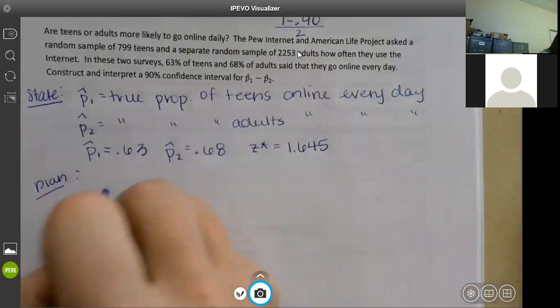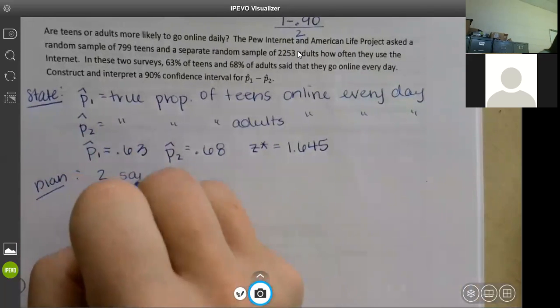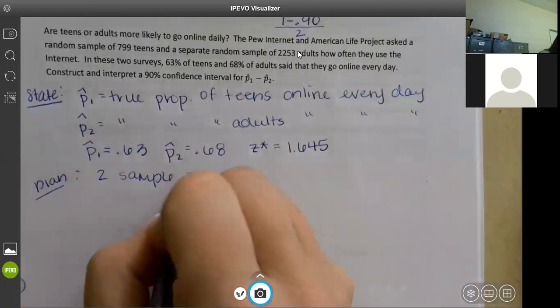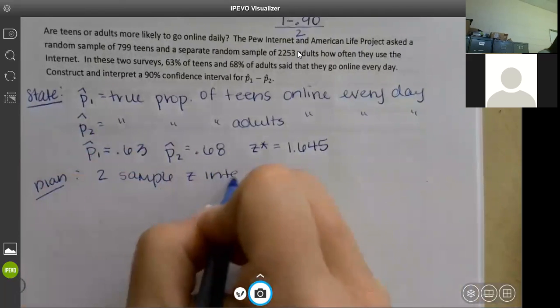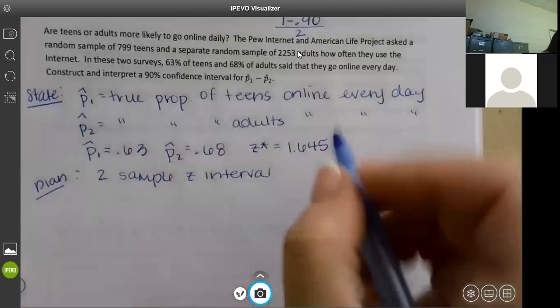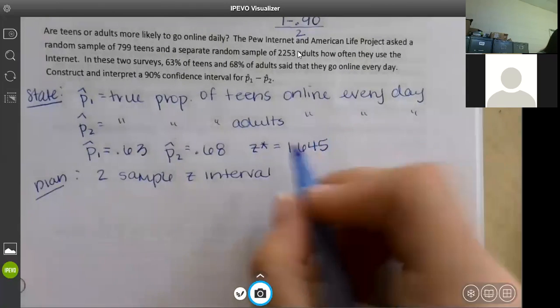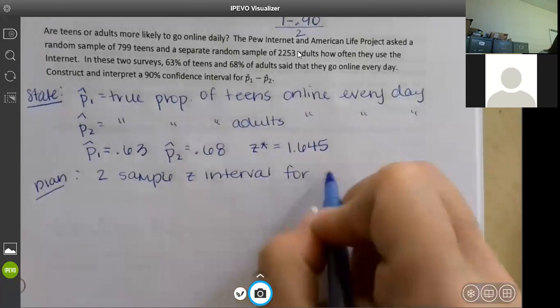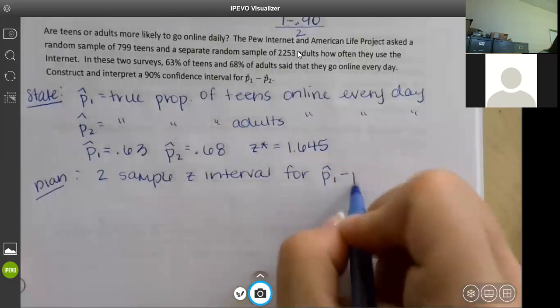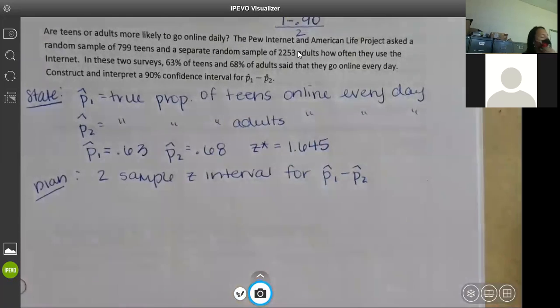Our plan, we're going to do a 2 sample Z interval. And why are we using Z? For p hat 1 minus p hat 2. What else do we put in here?